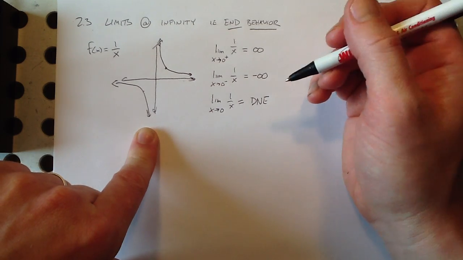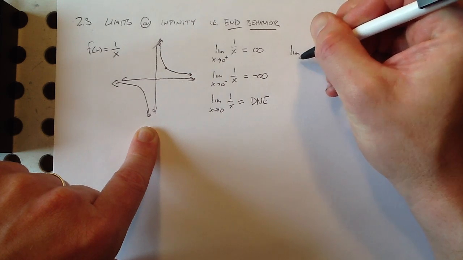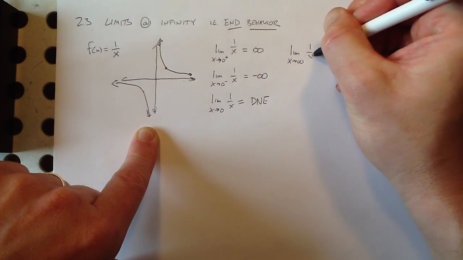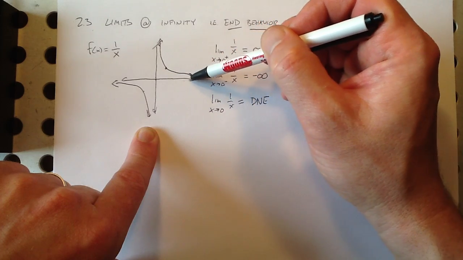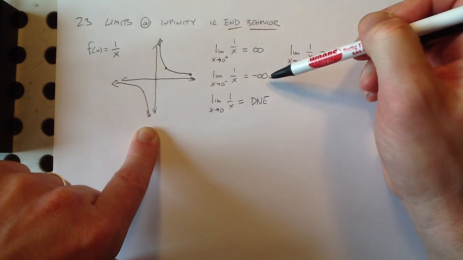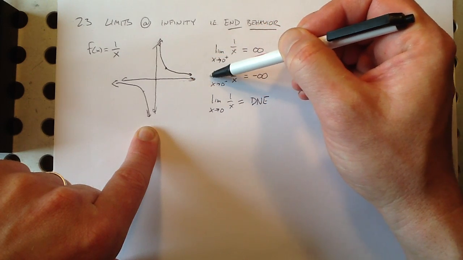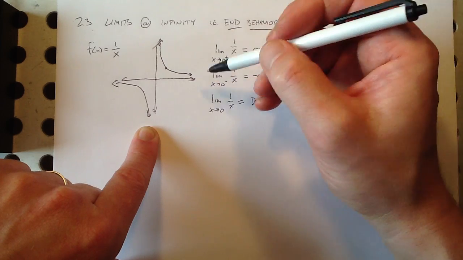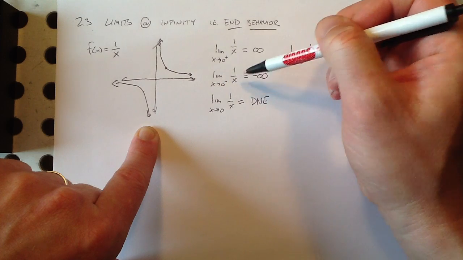Right? But what about this? Could we ask this question? What's the limit as x approaches infinity of 1 over x? In other words, what is this function doing as x goes off to infinity? Well, it looks like as x goes off to infinity, it's getting closer and closer to the x-axis. In fact, we could say that it has a horizontal asymptote here.